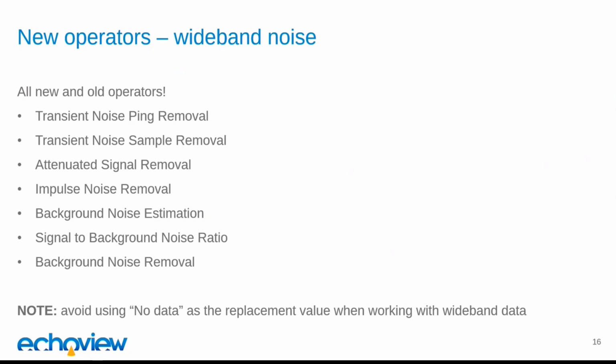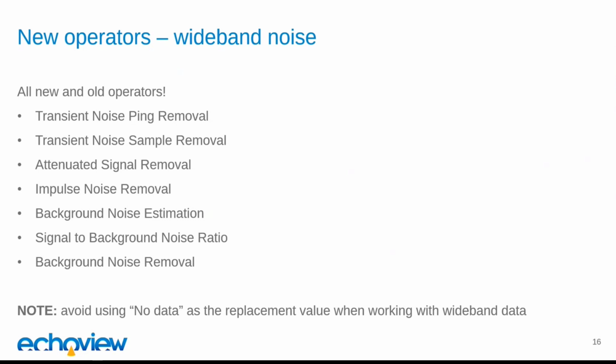It's all very exciting, but it does come with a caveat. That caveat is that we don't recommend setting replacement values to no data if you're using wideband data as input. And this is because areas that have no data samples, and this includes bad data regions as well, if that's part of your data processing workflow, they can introduce edge noise and abrupt changes to wideband data, and therefore can have a potentially negative effect on the calculation of wideband frequency response if there's that abrupt change.